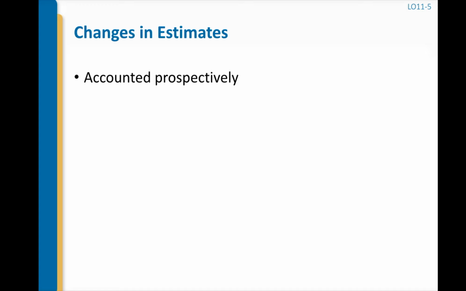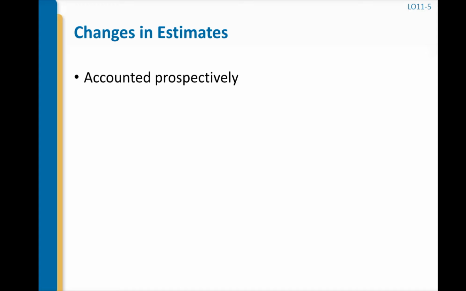Okay, changes in accounting estimates. Typically, we will account for these prospectively. When a company revises a previous estimate based on new information, typically you're not going to restate prior year's financial statements.